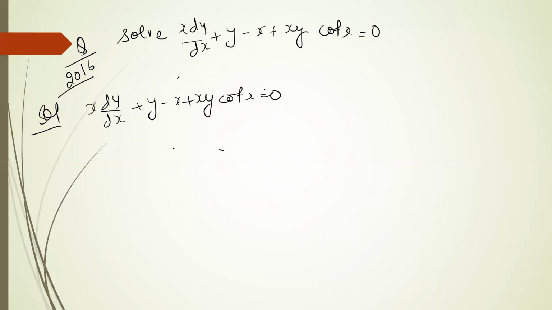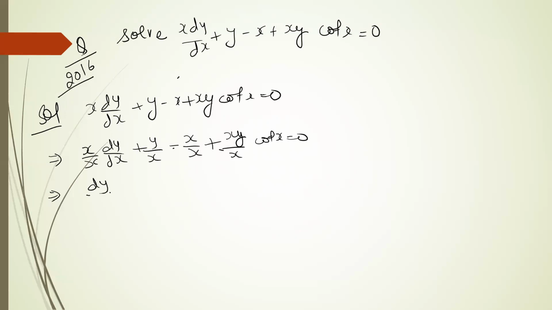Divide the whole equation by x. We get x over x dy by dx plus y over x minus x over x plus xy over x cot x equals 0. As you can see, we'll get dy by dx plus y by x minus 1 plus y cot x equals 0.